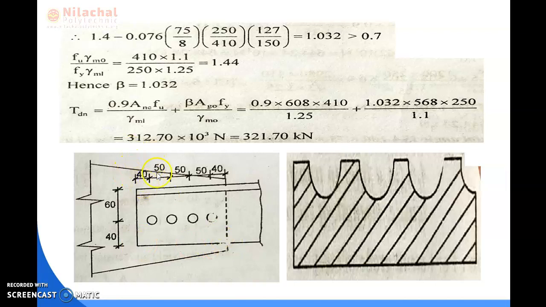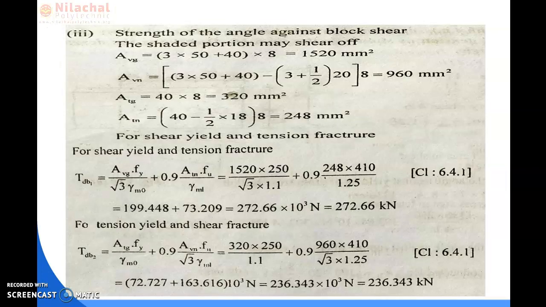That means 40 plus 50 plus 50 plus 50 plus 40, which is the total width of the block shear portion along V line, multiplied by thickness, which is given as 8. So by calculating this, we got the value of AVG as 1520 mm square.